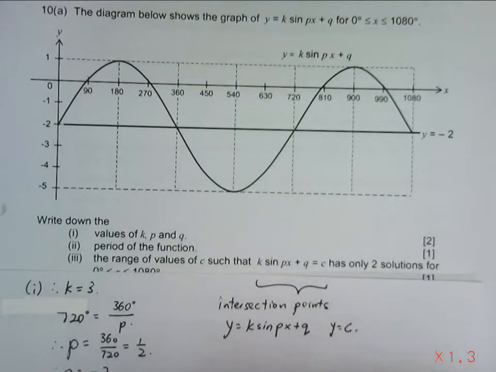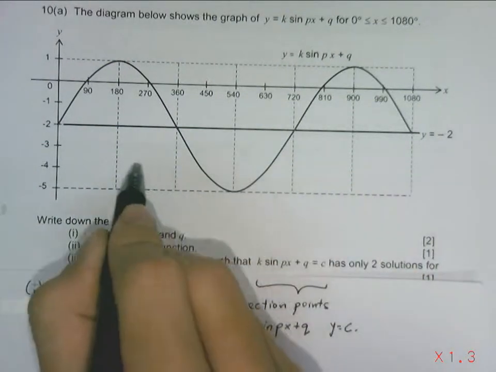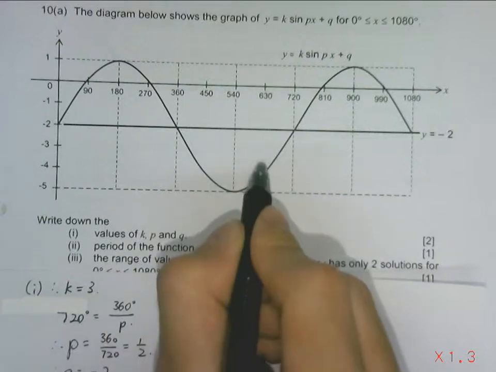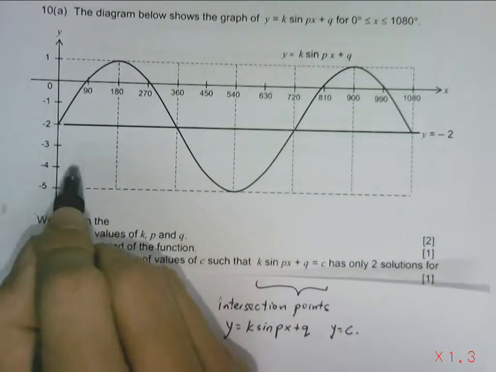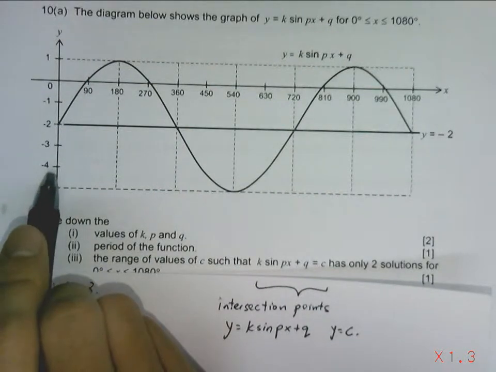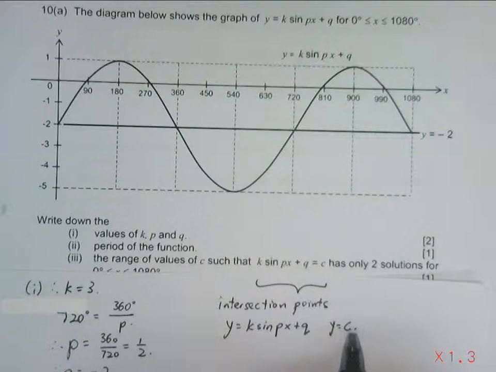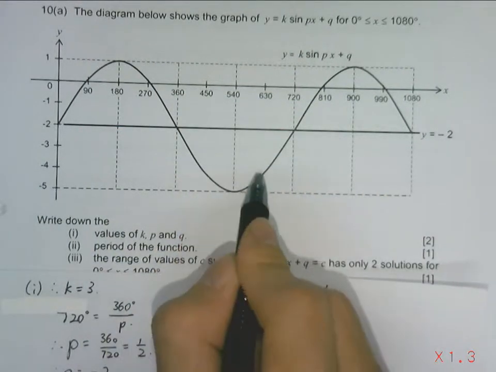So now look at the graph itself. If I draw one line here, for example, the line will cut through at 2 points on the sine curve. So again, one line here, let's say y equals minus 4. If I move through a straight line y equals minus 4, we'll see that there are 2 intersection points.